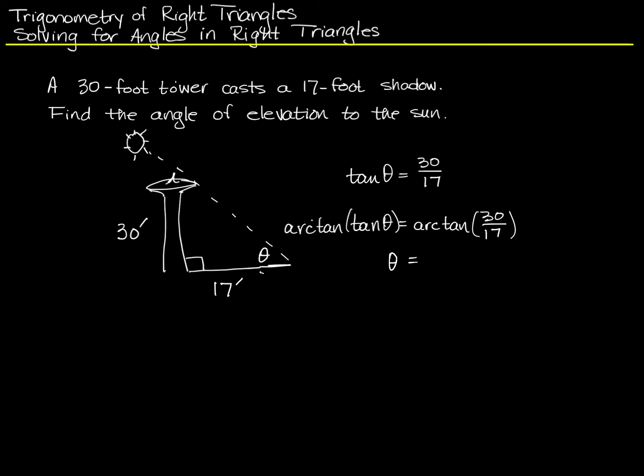If I take the tangent inverse of 30 over 17 with my calculator, if it's in radians, I get 1.0552, and if my calculator is in degrees, I get 60.4612 degrees. And there you have it. We have found the angle of elevation to the sun in both radians and in degrees. Let's take a look at another one.